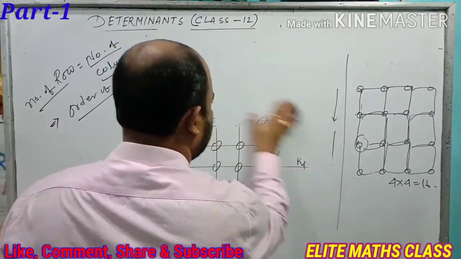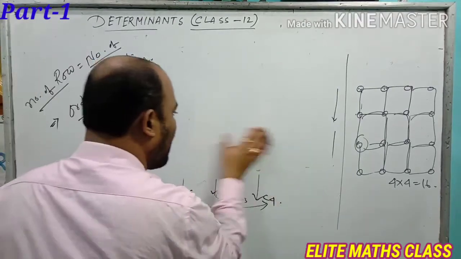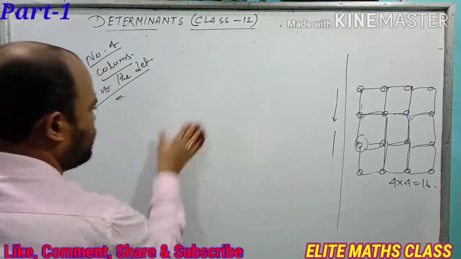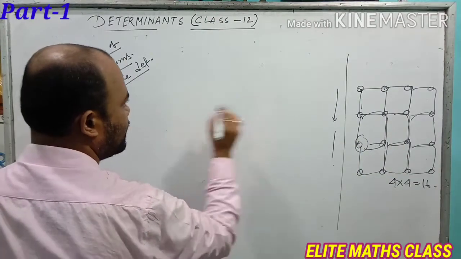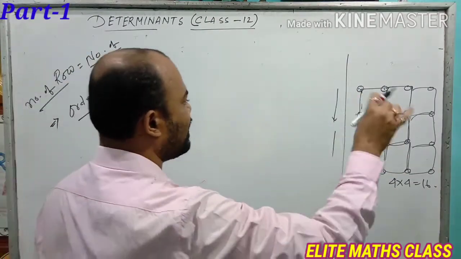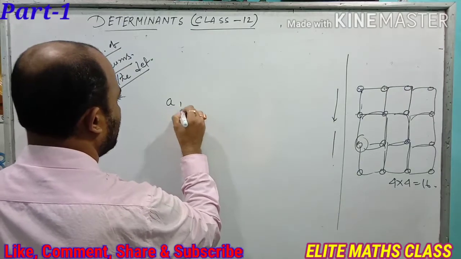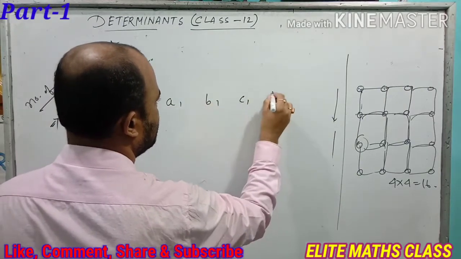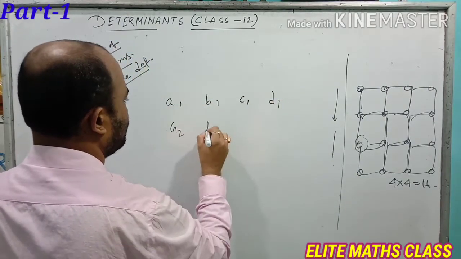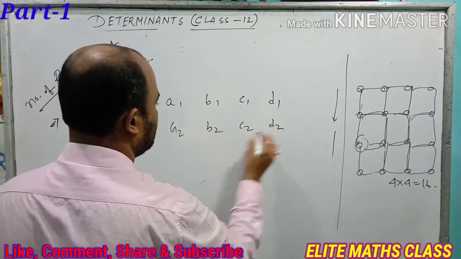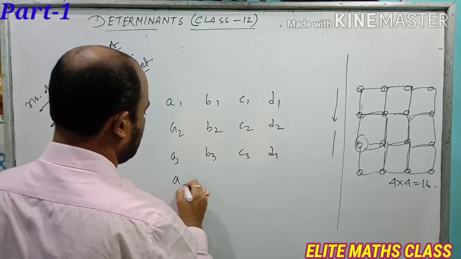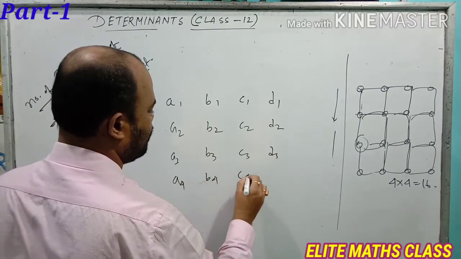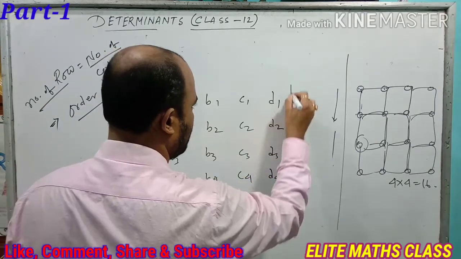Now coming to the next point, how a determinant is denoted. I am considering this structure. How many positions are there? 16 positions. I am putting some values in each of the positions. Say it is A1, B1, C1, D1, A2, B2, C2, D2, A3, B3, C3, D3, A4, B4, C4, D4.